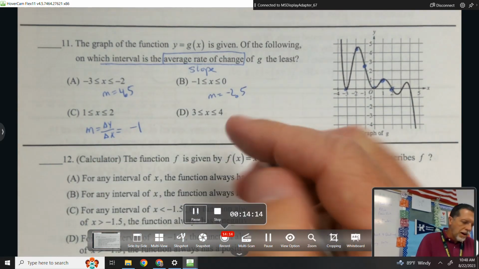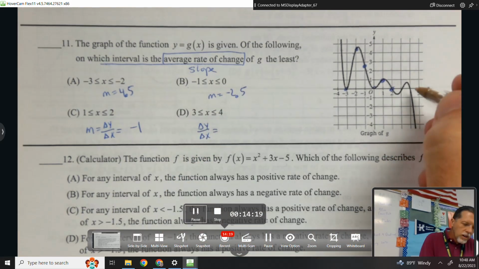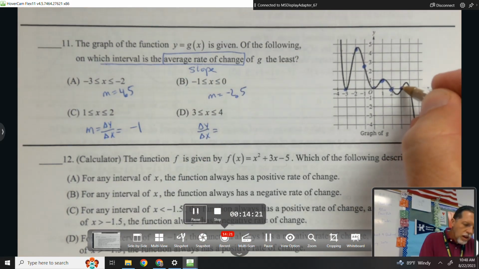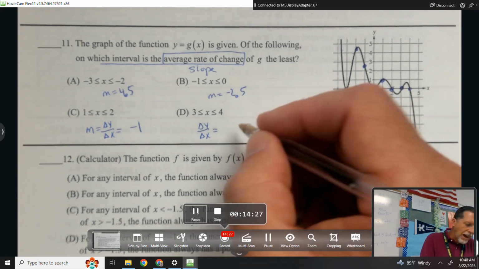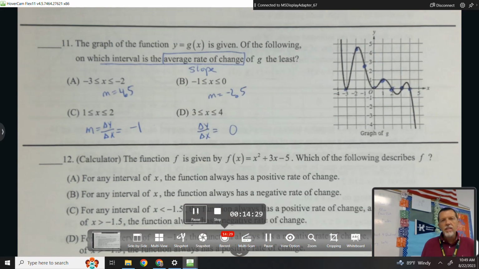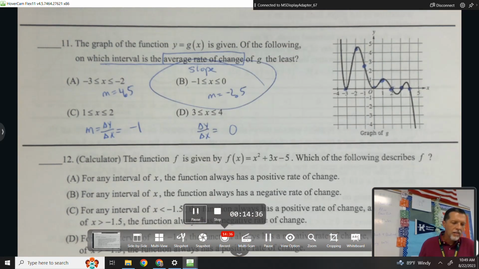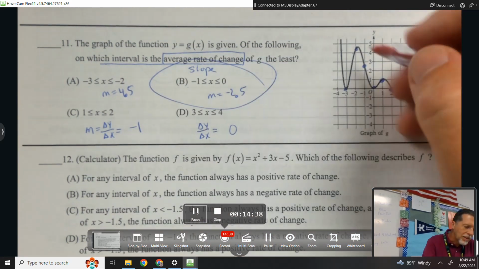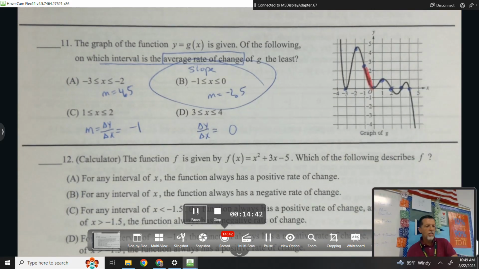And then my change in y over change in x from 3 to 4 is maybe 0, maybe -0.5. So which one of those is the least? -2.5. And that makes sense. That's a fairly negative slope part of the graph.